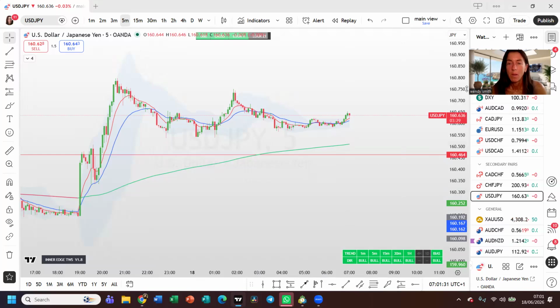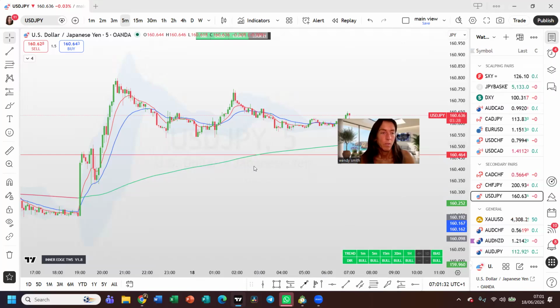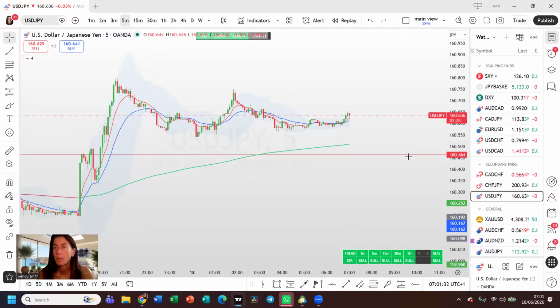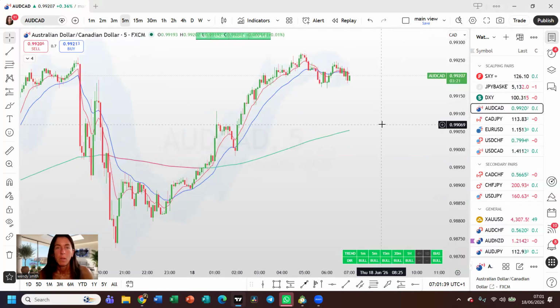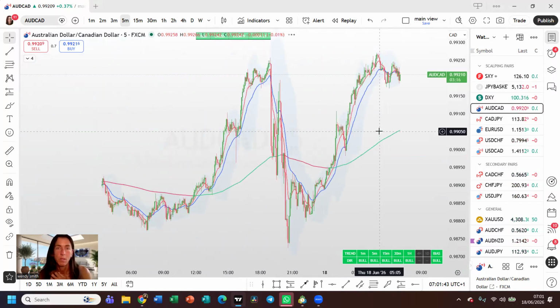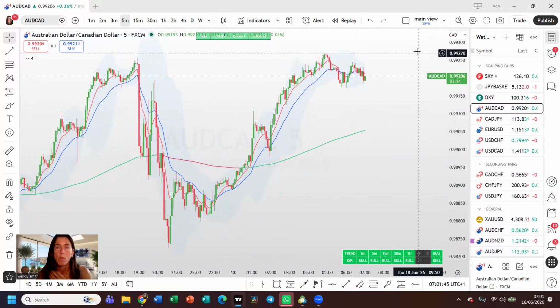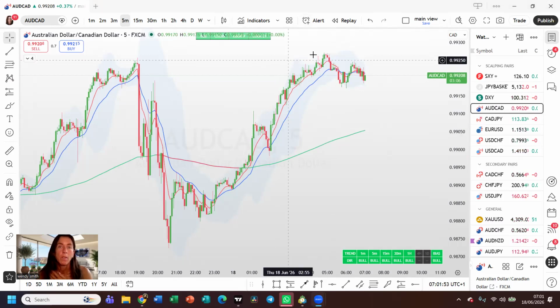Let me just move something around the screen. There we go. All right, let's start at the top. Let's have a look at AUD CAD, what's that doing? Not an awful lot at the moment. Let me move all my black bars of doom out of the way. Alarm-wise, I'm just going to box this off, simple as everything is in alignment at the bottom.